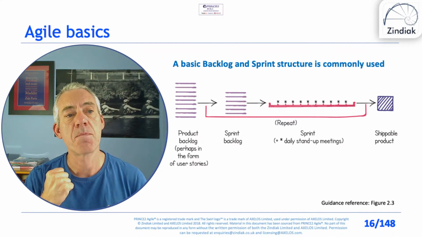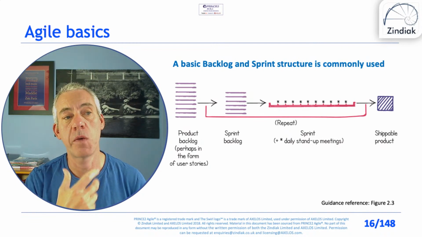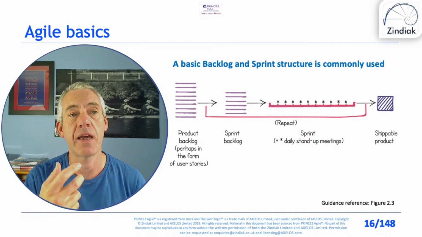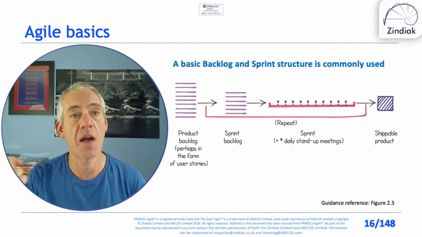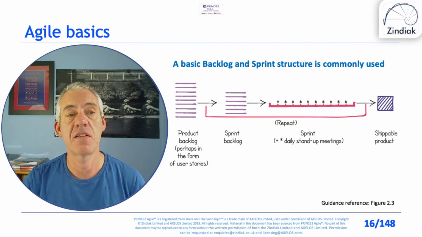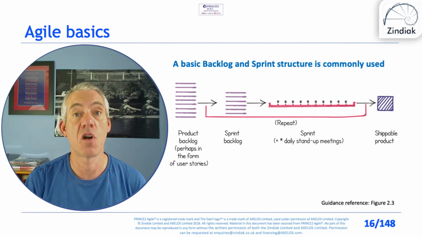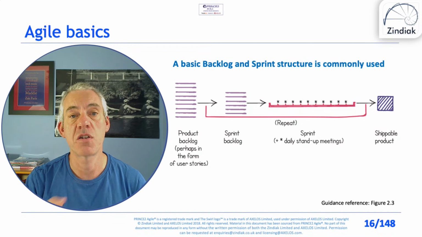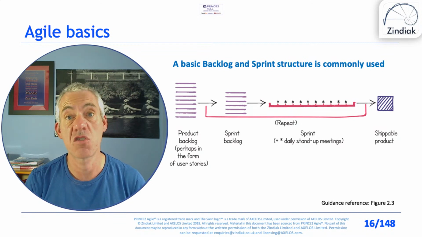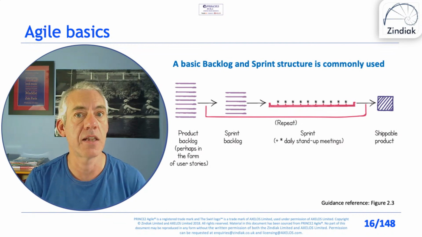So for the time box, we look at the product backlog, and as much as we can, we take the high priority items that we think we can deliver in the time box and put them into the sprint backlog. We then start trying to deliver it. As part of that, we have daily stand-up meetings in Scrum. They're called the daily Scrum.